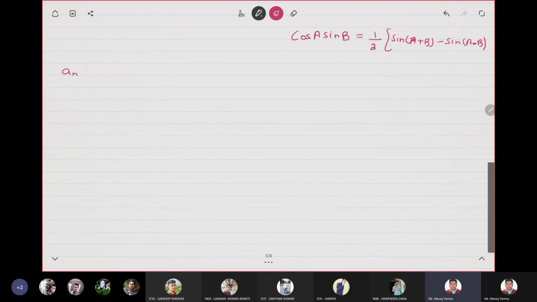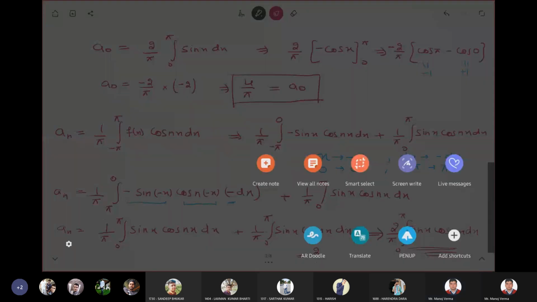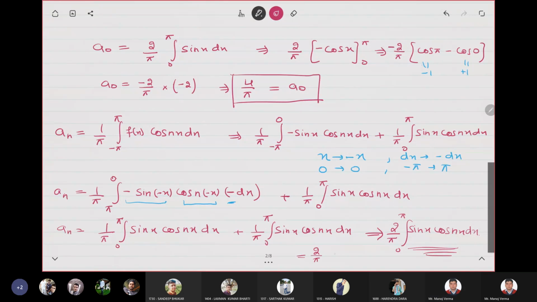So my an will become, according to this formula, 2 over pi, integration from 0 to pi of sin (n plus 1)x minus sin (n minus 1)x dx.